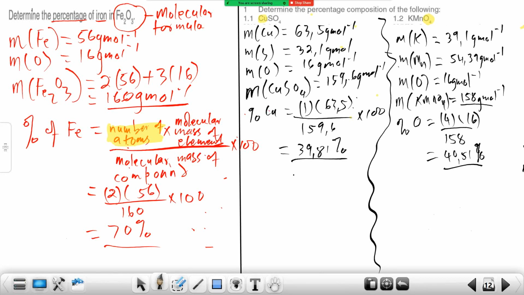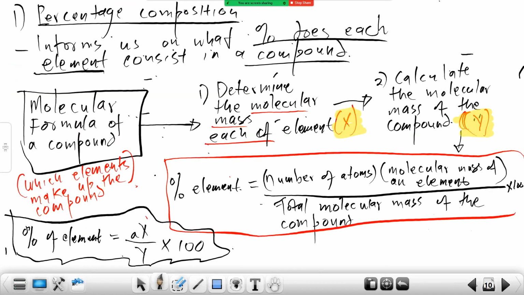So this should be our final answer. So there isn't any other complex issue about percentage composition, to be honest. The only thing that I want you to understand is the steps of how to go about everything.